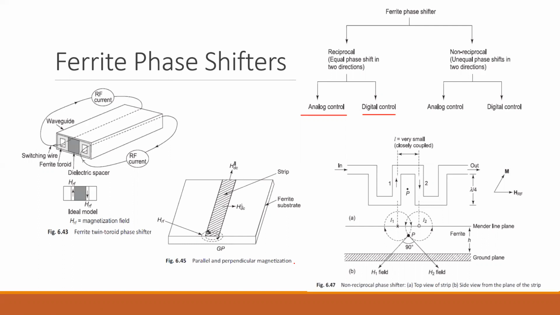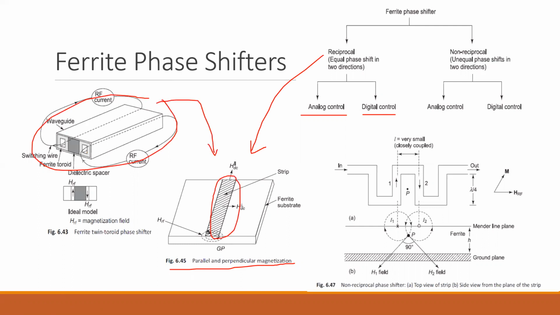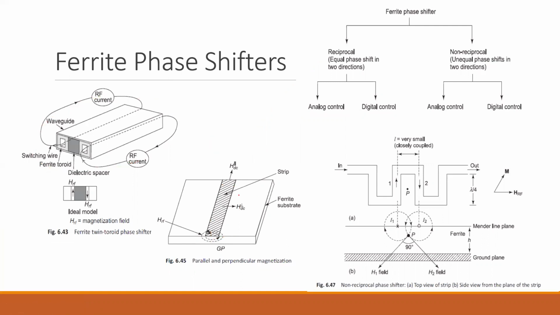Here is an example in which we observe the reciprocal phase shifter. The structure is displayed with the use of strip lines, introduced in such a way that the ferrite substrate has the magnetic field perpendicular to it.